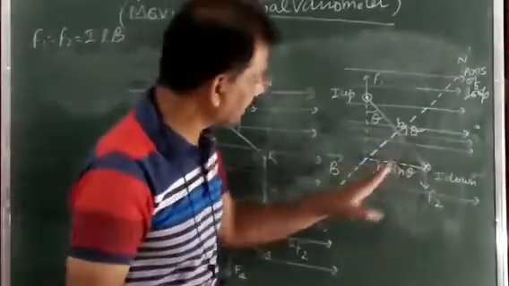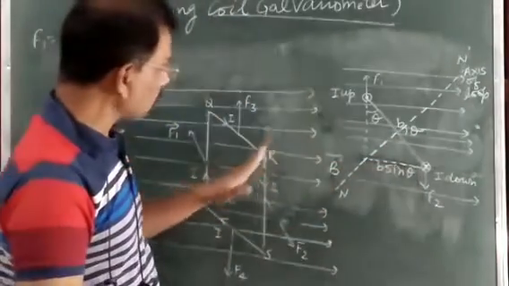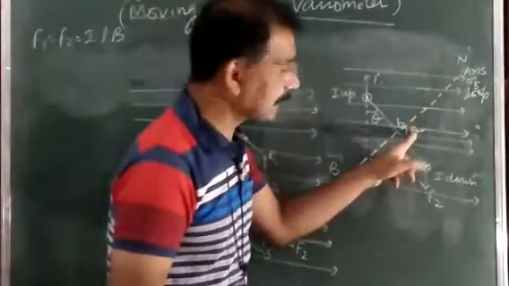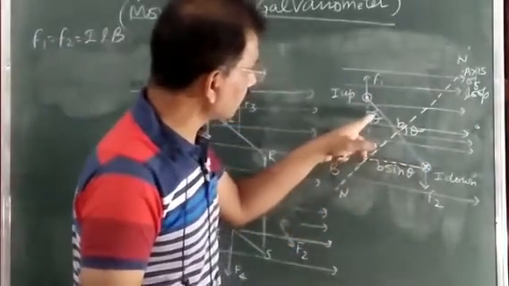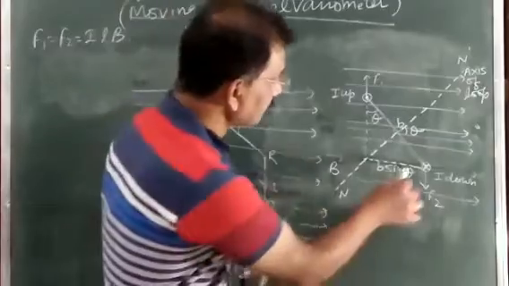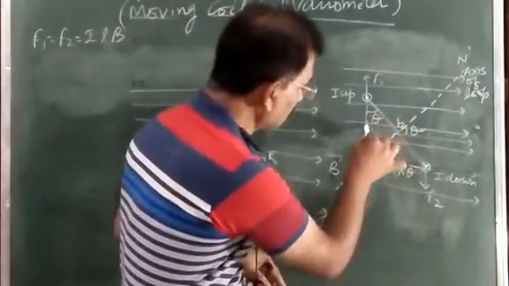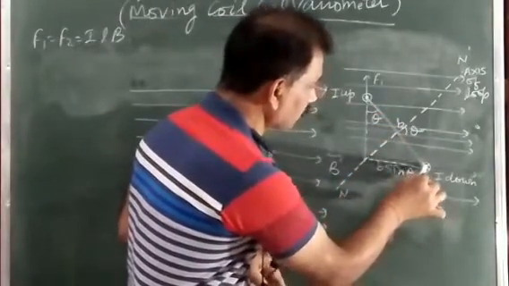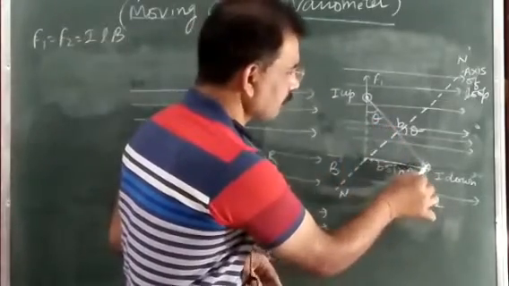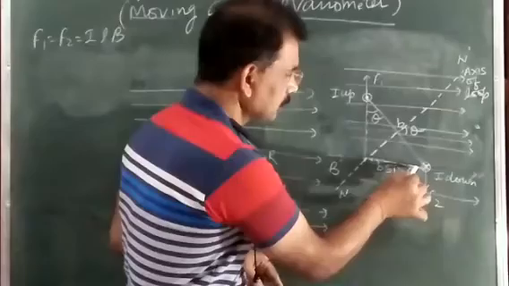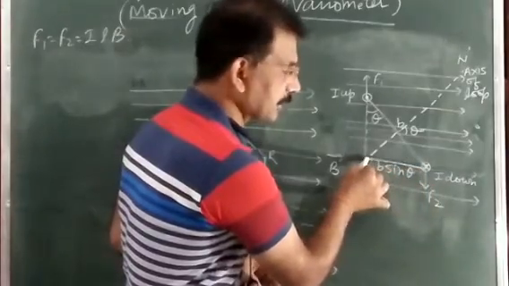Suppose at any instant the axis of this loop makes an angle theta with the magnetic field. So this distance is B. This one is theta, this one also becomes theta. And now this is a right angle triangle. You can find out this value: sine theta is equal to perpendicular upon hypotenuse. So this value is B sine theta.